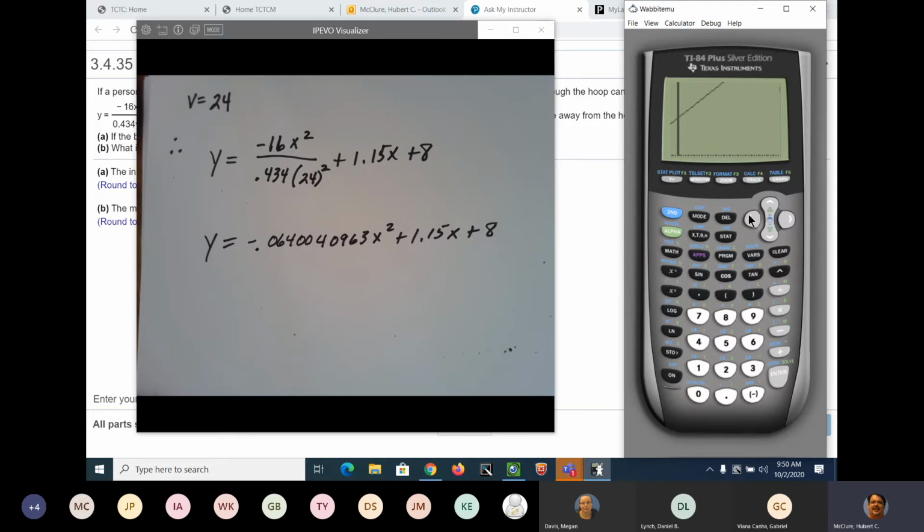Whoa, that sucker's going way up. So let's zoom out. And you can use your window if you want to. I'm just using zoom out. There she is. Did I put x squared on it? Let me do a zoom fit.